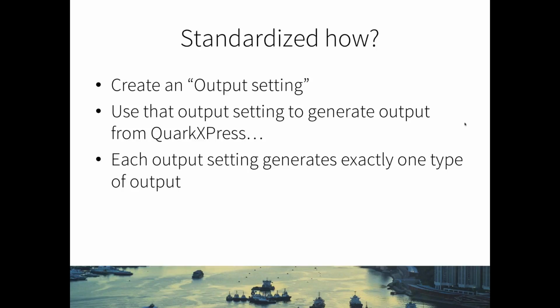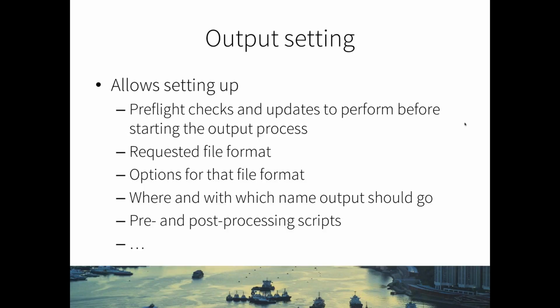So you set this up once and you provide a lot of details in that output setting, and that includes things like making sure that all images and links are up to date, telling MadeToPrint what the requested file format is you want, what options for that file format you want, where the output should go, pre and post processing steps.